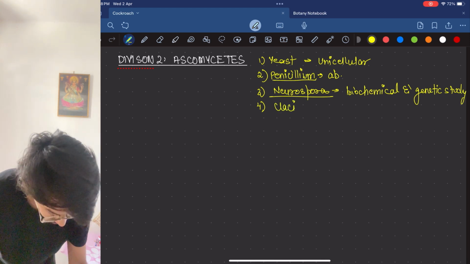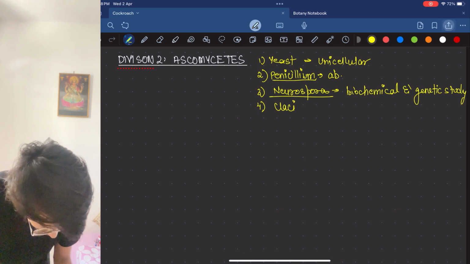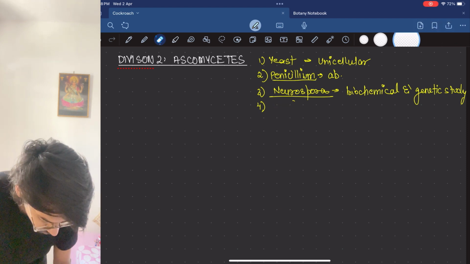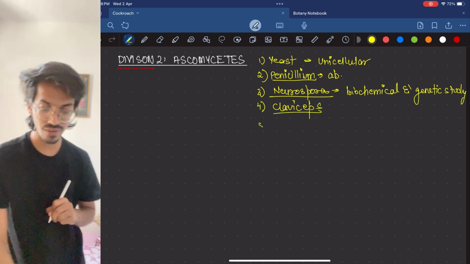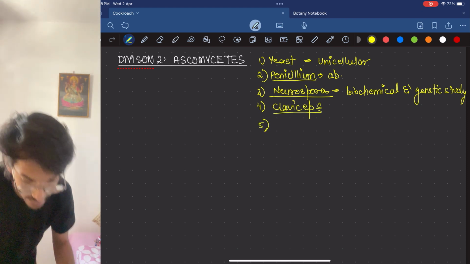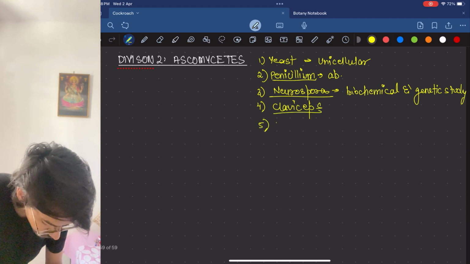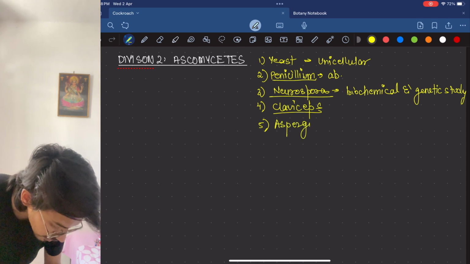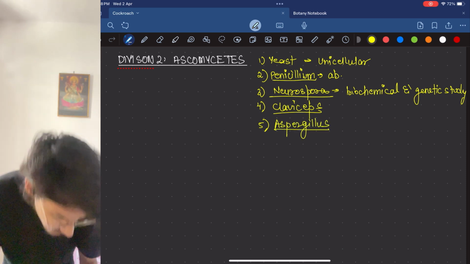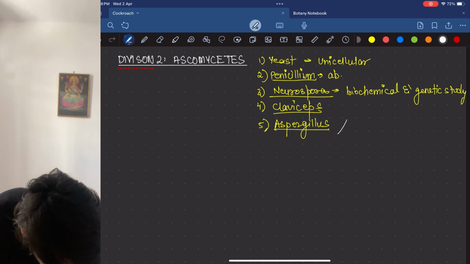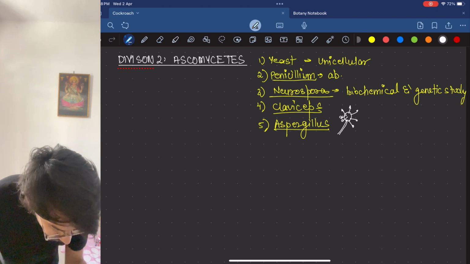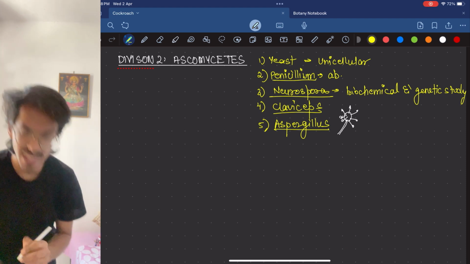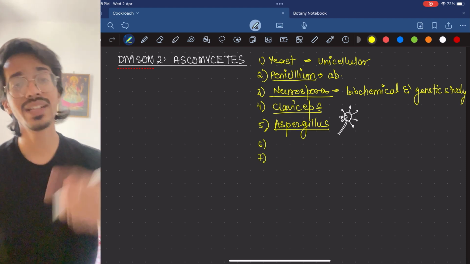Claviceps. It's a little wrong spelling. Claviceps is there. Then after Claviceps, we have to remember Aspergillus. Its diagram is given in your NCERT, so you have to remember something like this. This is the diagram of Aspergillus given to you. After Aspergillus, you have two more, that is morels and truffles, and these are delicacies.